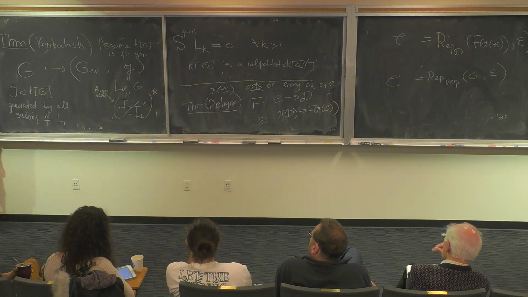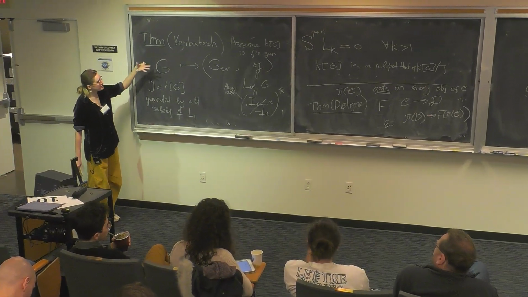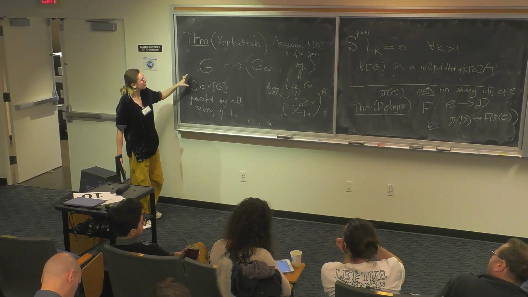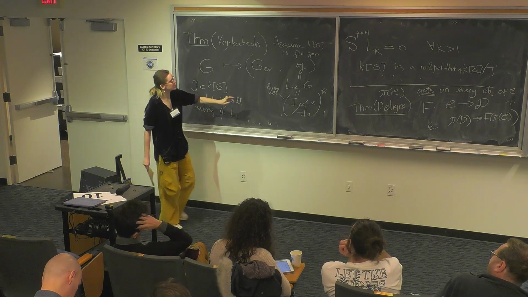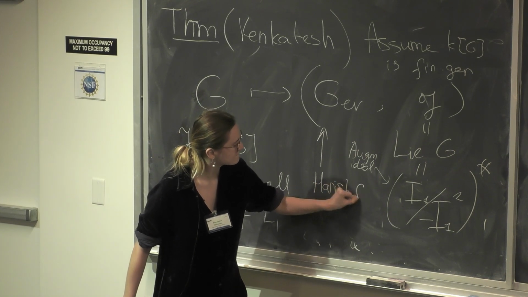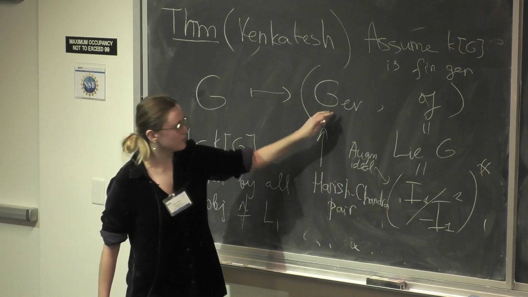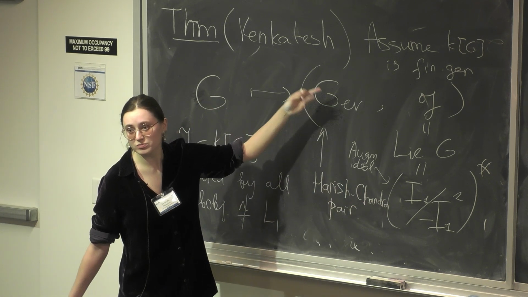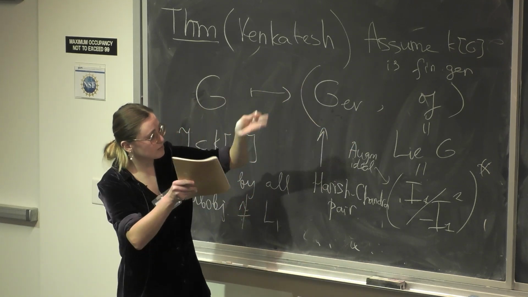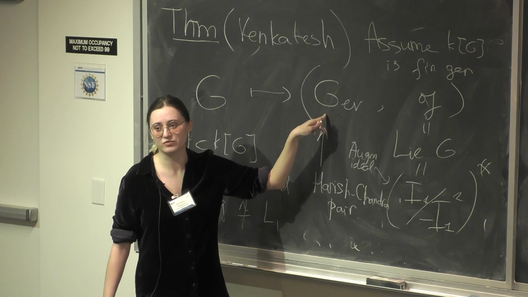And the theorem is that this gives you an equivalence of categories. So group schemes of finite type with finitely generated algebra of functions form a category equivalent to the category of so-called Harish-Chandra pairs, where on one hand you get a usual algebraic group scheme in vector spaces and a Lie algebra object in Verlinde P, with the condition that the even part of this Lie algebra is precisely the Lie algebra of the even group.